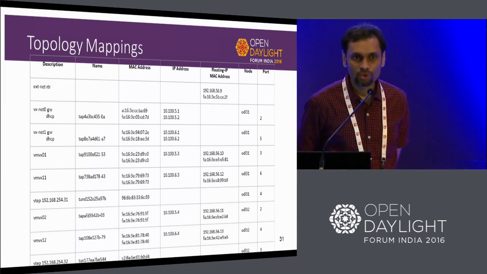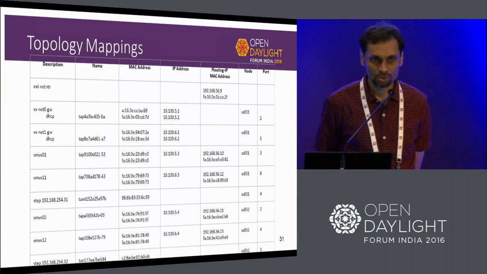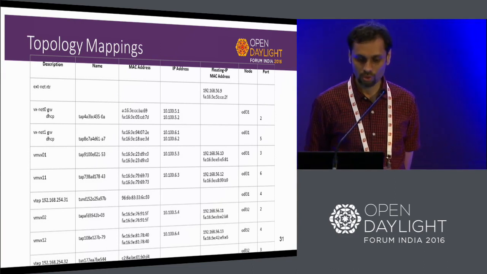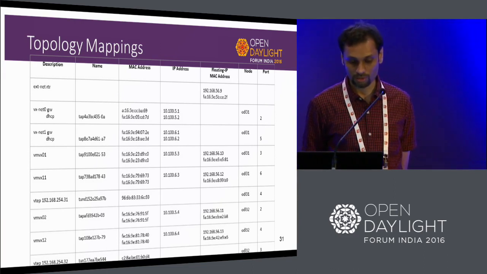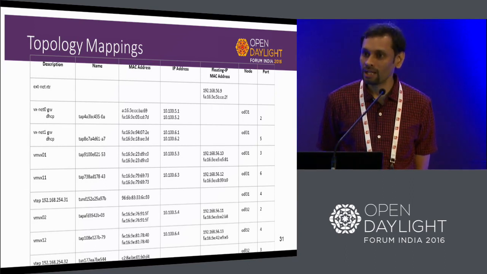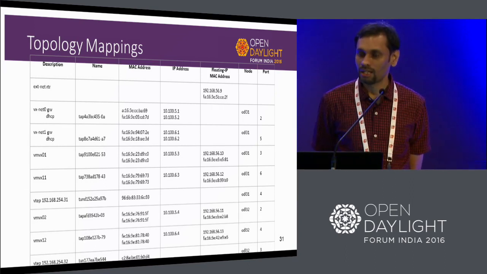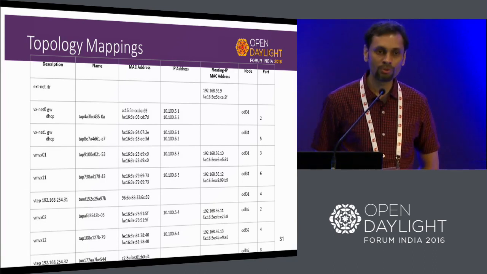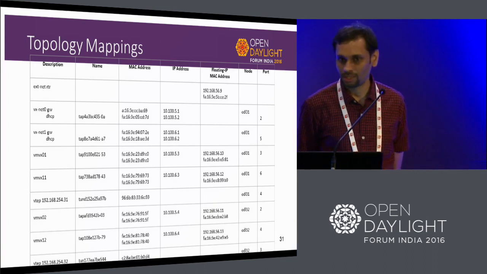So each of these nodes are CentOS nodes, and the first node, as you could see, is ODL 31 control Mitaka. That's a combined control node that runs my OpenStack controller and my ODL controller. Okay. The second node, which is ODL 32 compute Mitaka, is a compute only node.